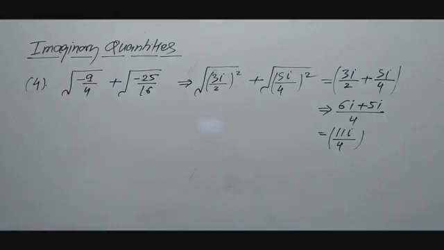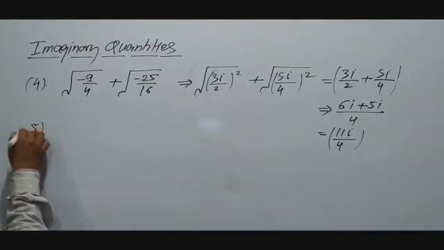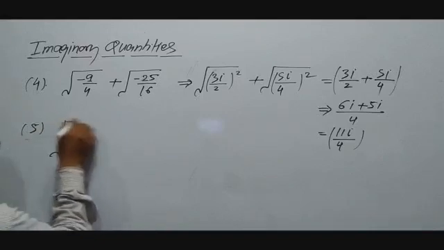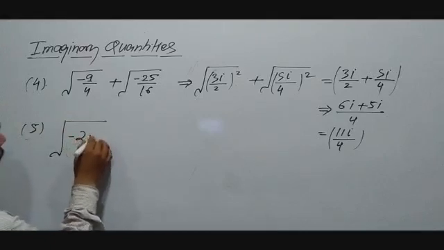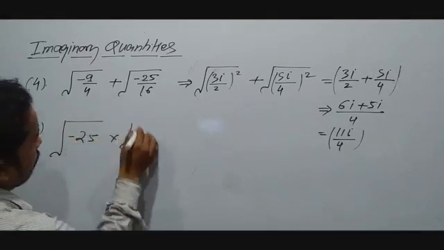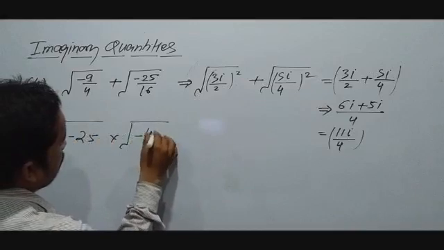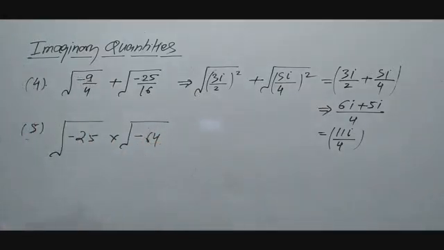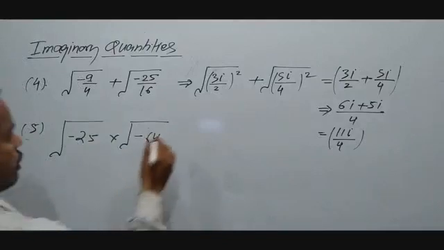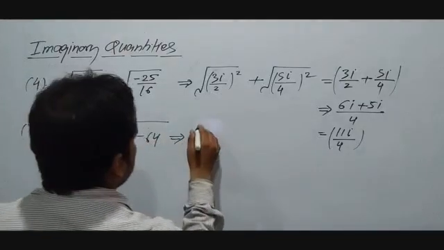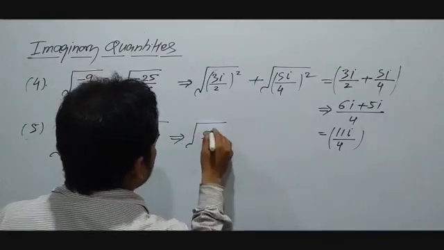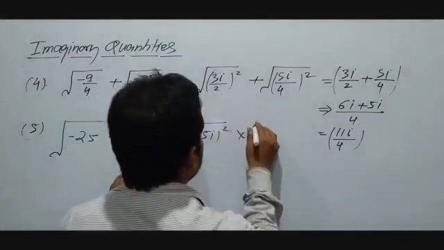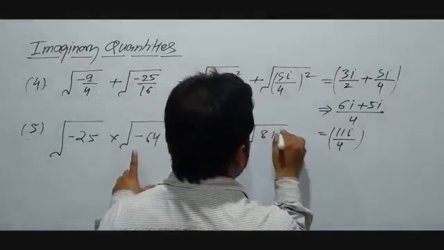Suppose we are going to take any other example. Example number 5 is root over minus 25 into root over minus 49, or suppose minus 64. So how can it be solved? Similar process, we can write this is root over 5i whole square, and this expression, this is 8i whole square.